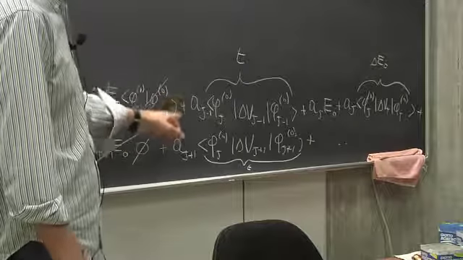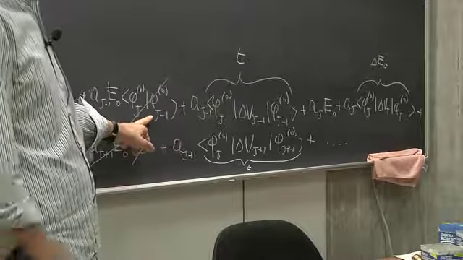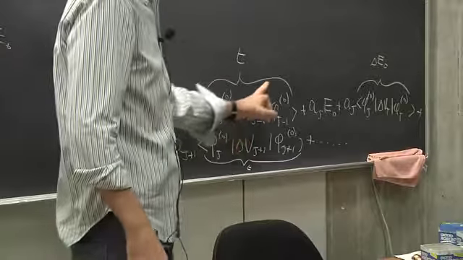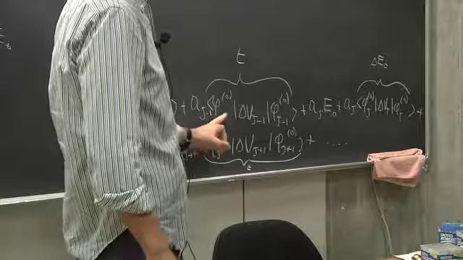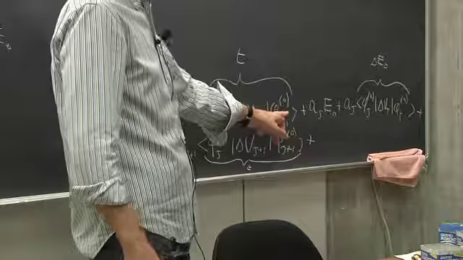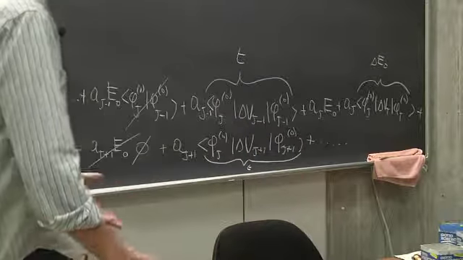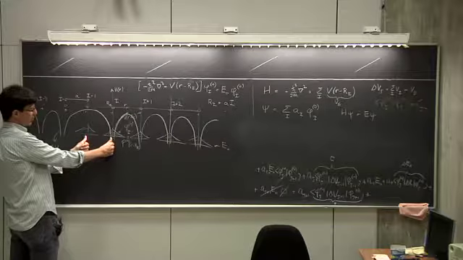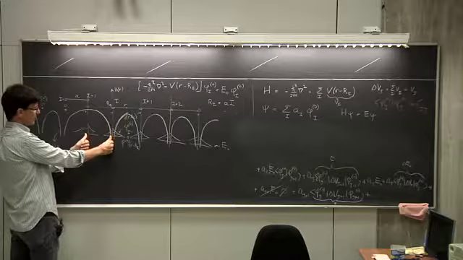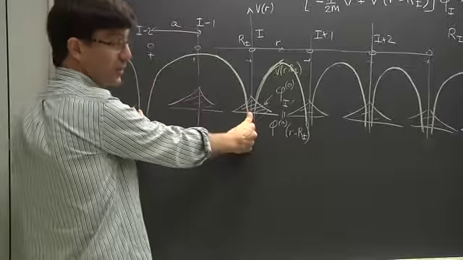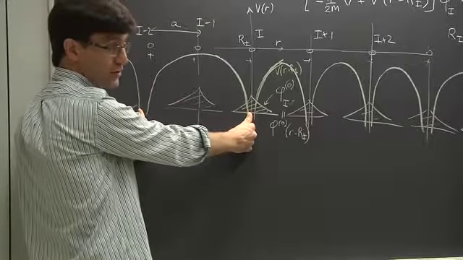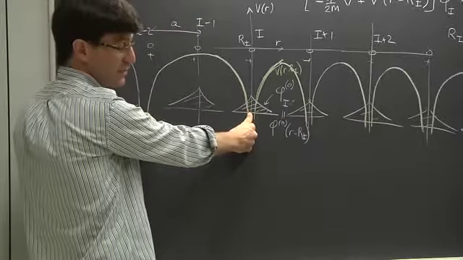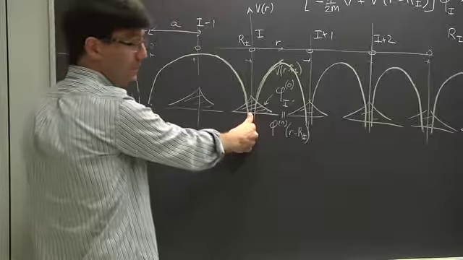Terms of this sort are 0 because of my rule. If I've neglected the overlap between wave functions here and here, there is even more reason to assume that if the two wave functions are two sites further away from one another, these terms are going to be even smaller.